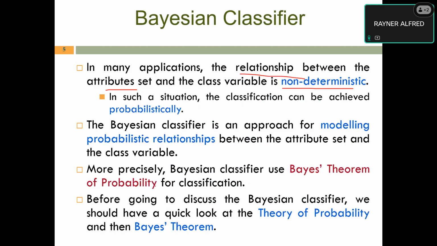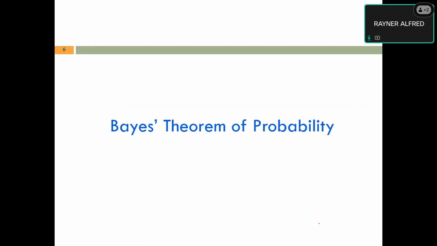So in this Bayesian classifier, they use the Bayes theorem of probability for classification. Before we go into further detail, we look at the theory of probability and then the Bayes theorem. This is just like a revision session for you all. Bayes theorem of probability.